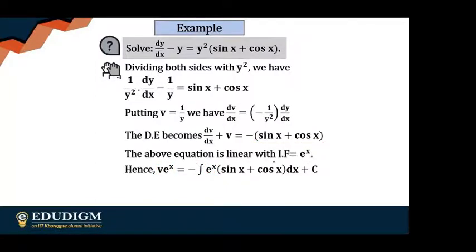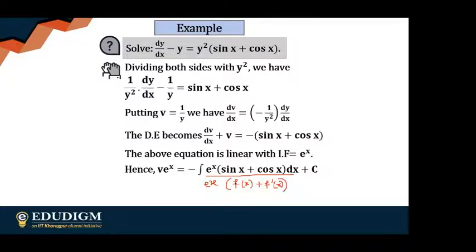We need to integrate this. If you remember, again, it's a good practice for integration. Look, if this is e to the power x, this is of the form f x plus f dash x. So how beautifully these things are used here, and you will actually practice different types of things.